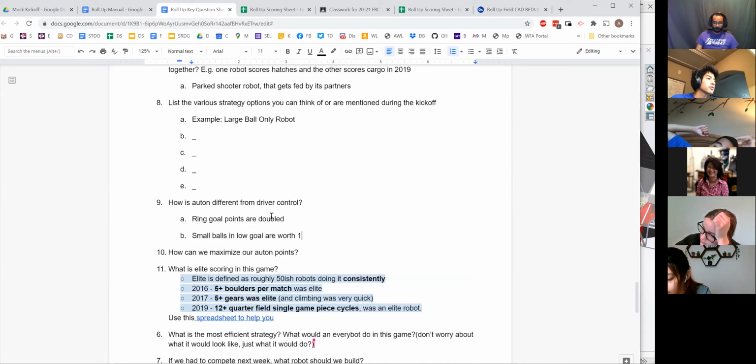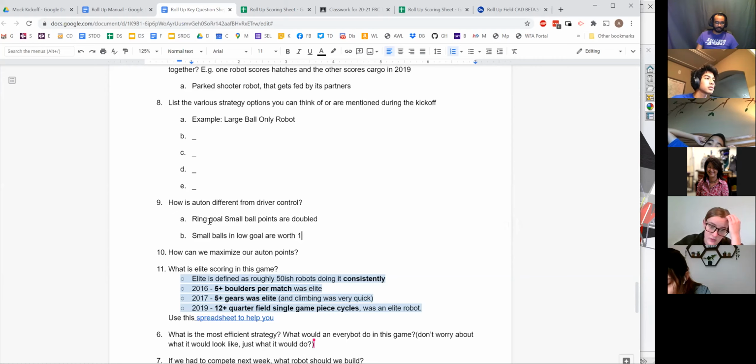Oh, they're not doubled for big balls, the ring ones. Oh, they're not doubled. You're right. Only small ball points are doubled in the ring goals. On small, everything's doubled.